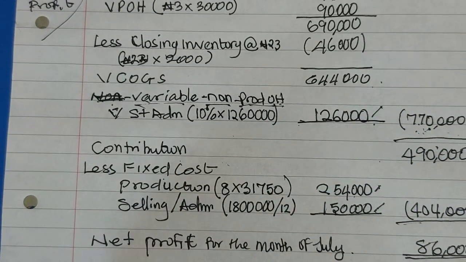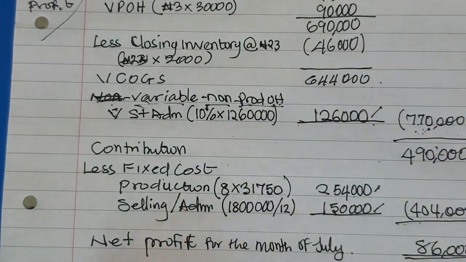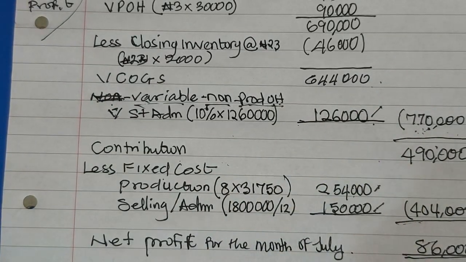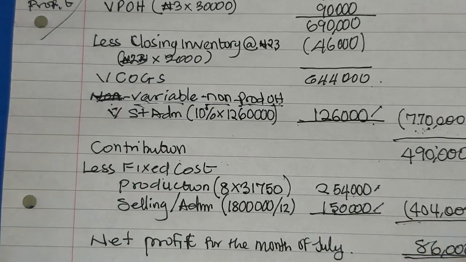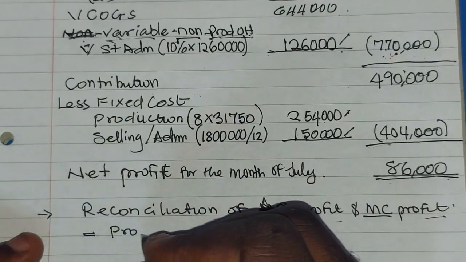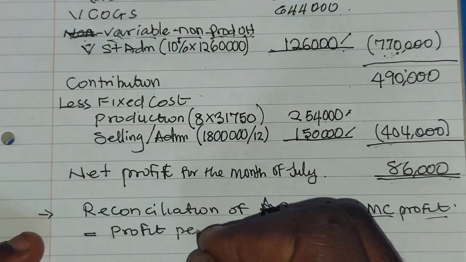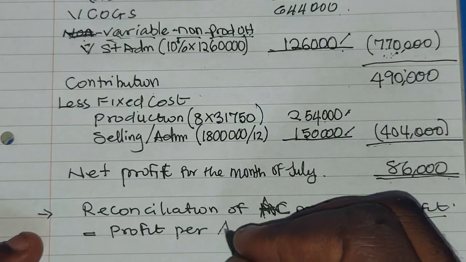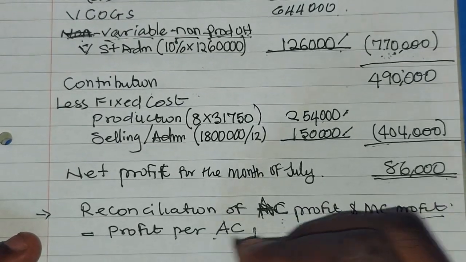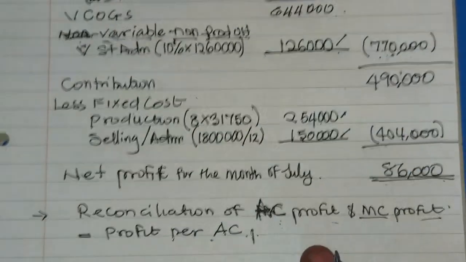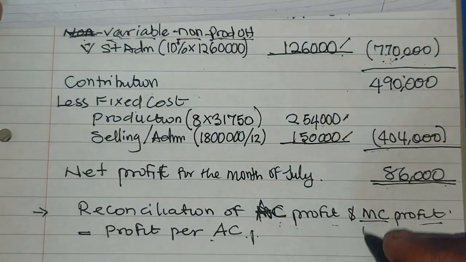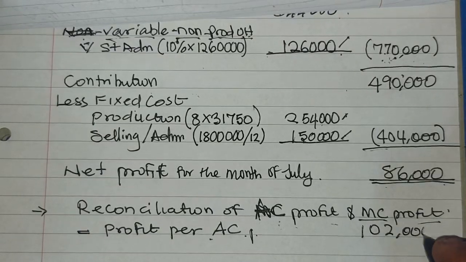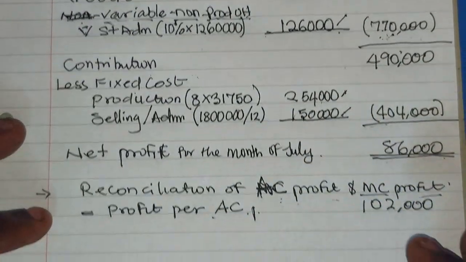So you start with profits per absorption costing, and that gives 102,000. Then what do we have?